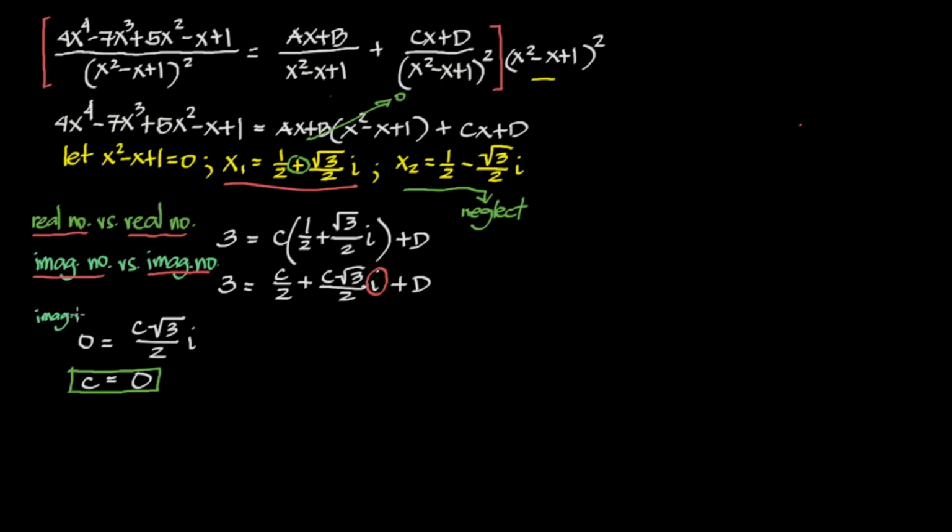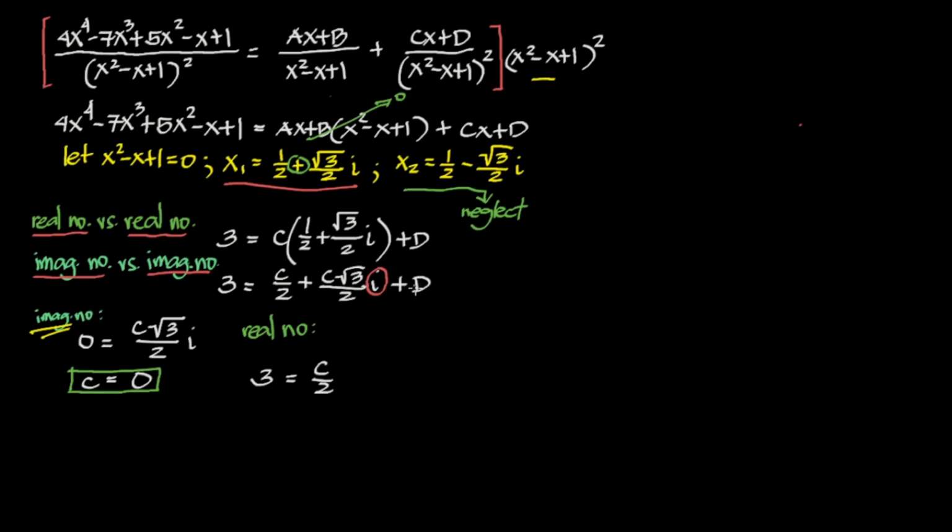Now, for real number naman. So, ilagay natin dito sa left side, we have real number. So, we have 3. Sa right side naman, we have c over 2.